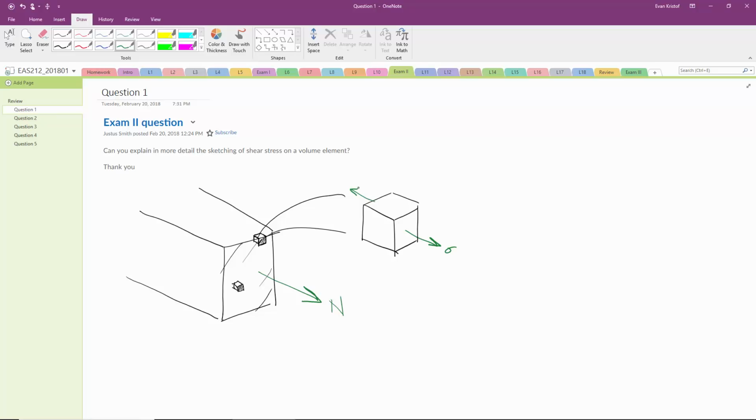So anywhere that we go on that cross-section face, the normal stress is going to be in the longitudinal direction, the same direction as N. This will be sigma, and sigma is also going in the same direction as N on the cross-section face itself. So on the cross-section face, sigma is pointed out of the face, meaning it's in tension, and the normal force that we showed is also in tension.